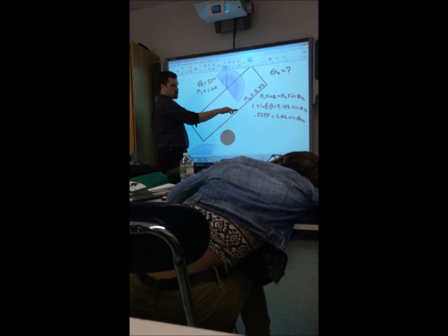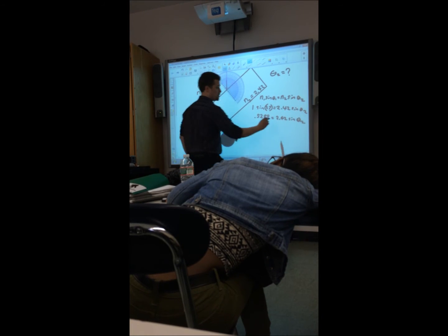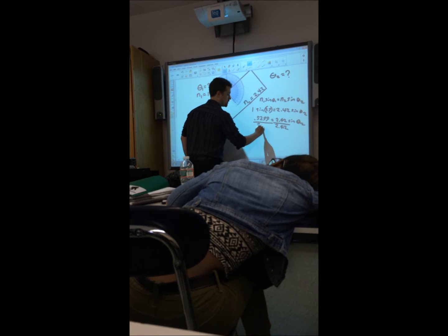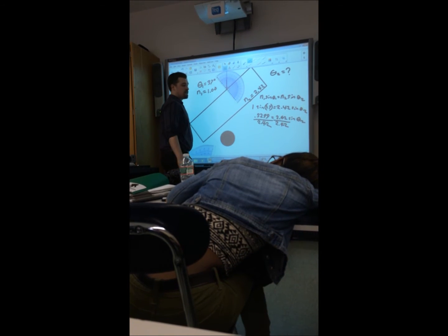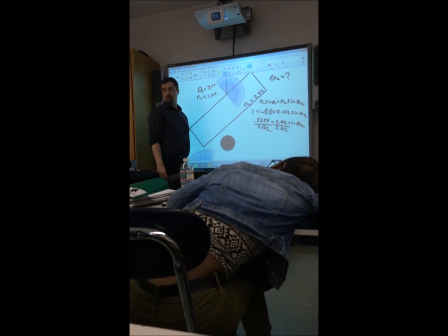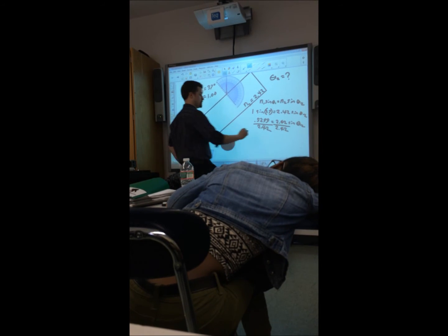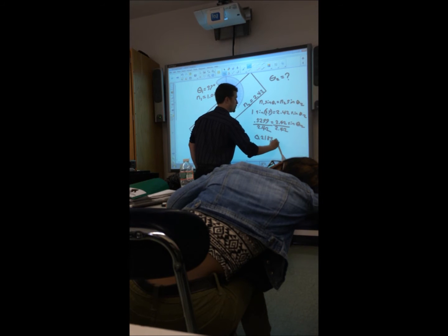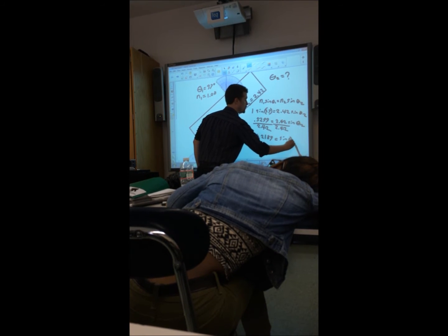We want to get the 2.42 away from sine theta 2, so we divide both sides by 2.42. So 0.5299 divided by 2.42, Mariano? 0.21897. Just give me 4 digits. 0.2189. Okay, 0.2189 is equal to sine of theta 2.